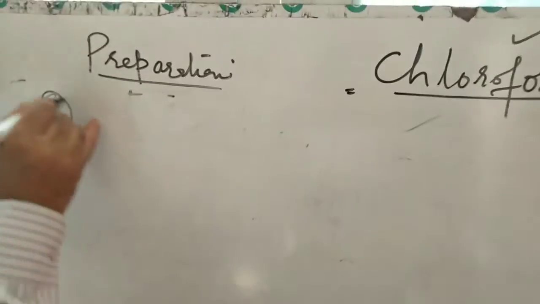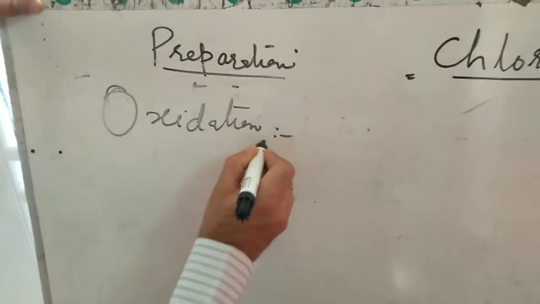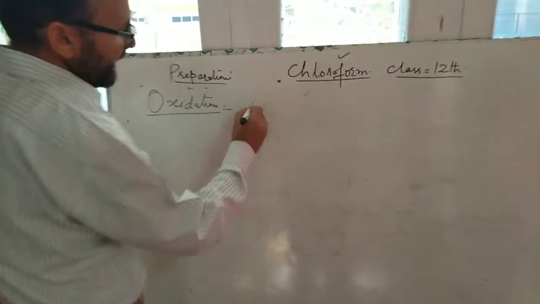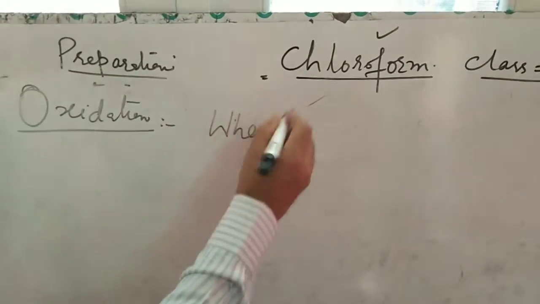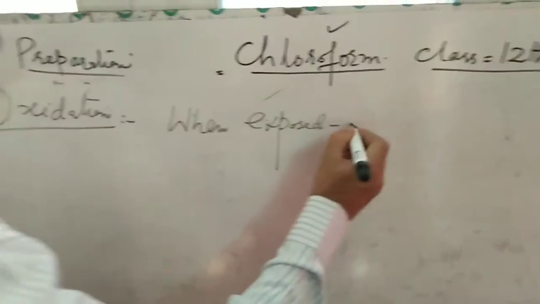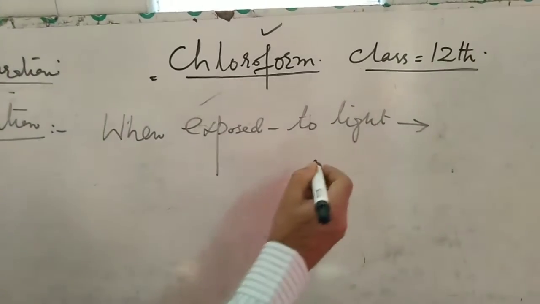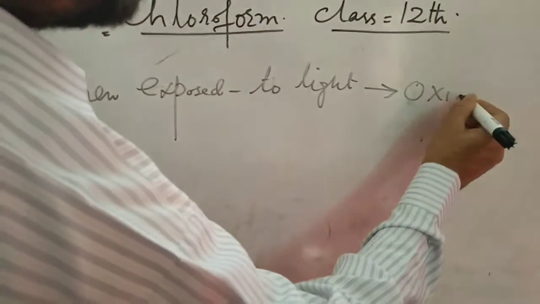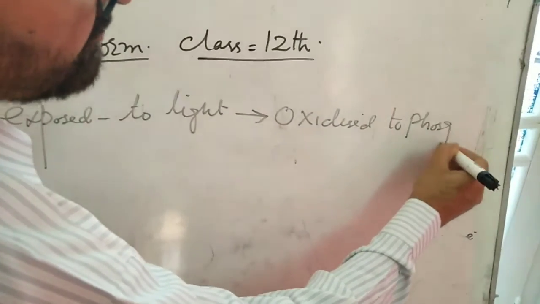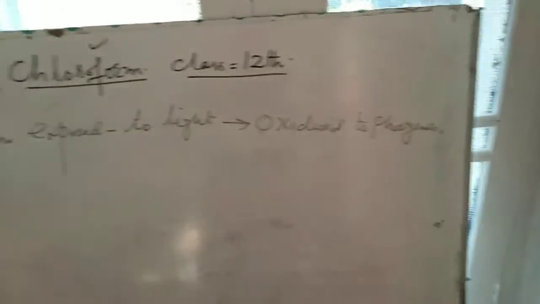This is called oxidation. When exposed, जब हम इसको एक्सपोज करते हैं, क्लोरोफॉर्म को जब हम एक्सपोज करते हैं, when it's exposed to light, it gets oxidized to phosgene gas. ये ऑक्सीडाइज होता है to phosgene, which is one of the highly poisonous substances.